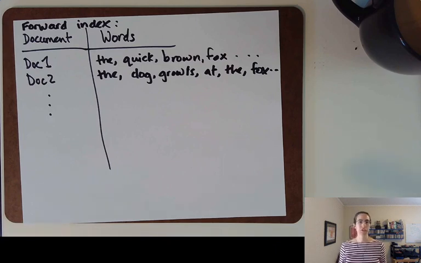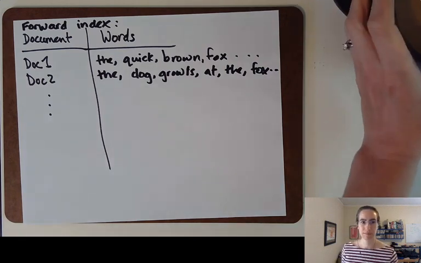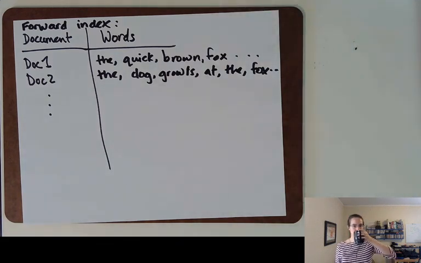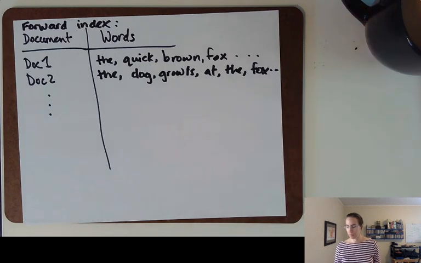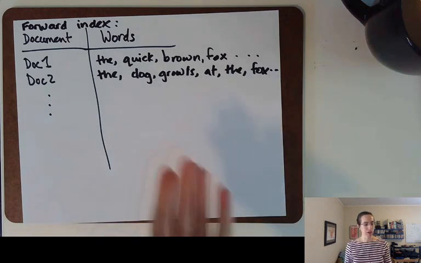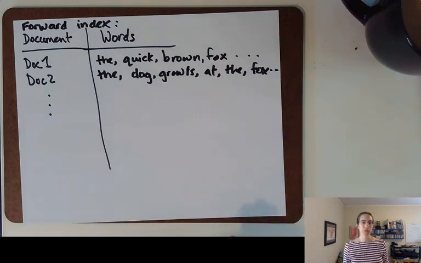So this might be the data structure that gets built as you crawl the web. But is this data structure good for doing queries like give me all the documents that have the word Fox in them? No, it kind of sucks for that. That would be really slow, right? If this was how your data was organized. So you don't organize it this way, or at least you don't only organize it this way.